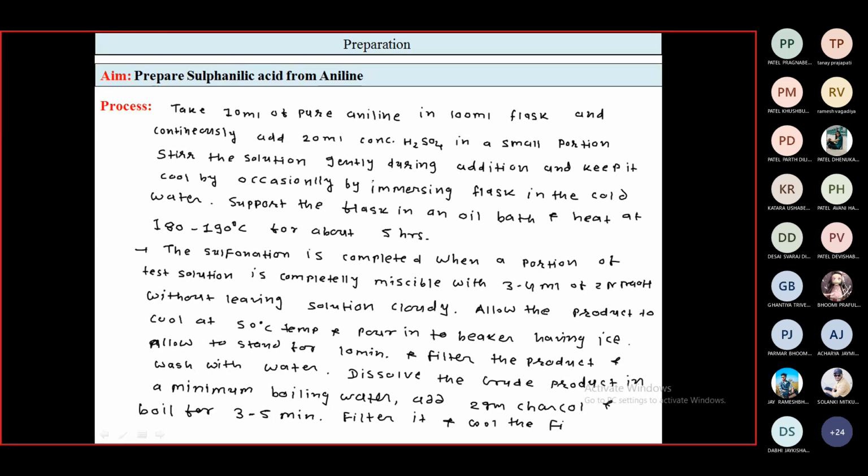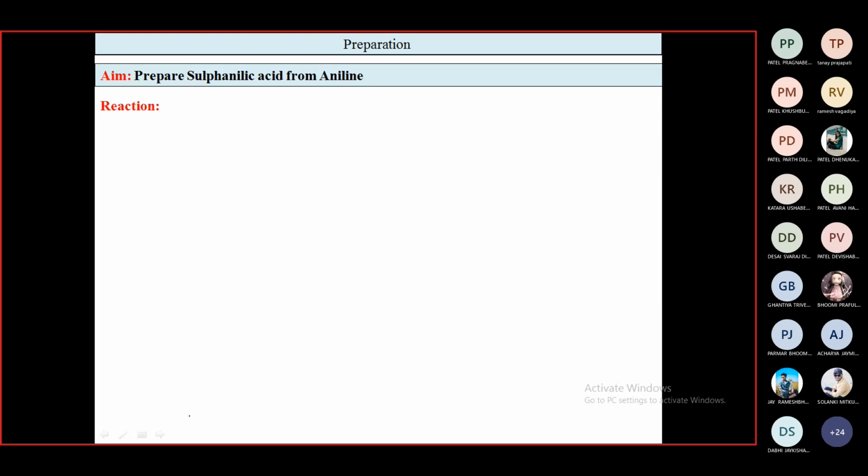Cool the filtrate under an ice bath, or you can say in cold water. So sulfanilic acid is separated out as a crystal. Wash it with cold water.